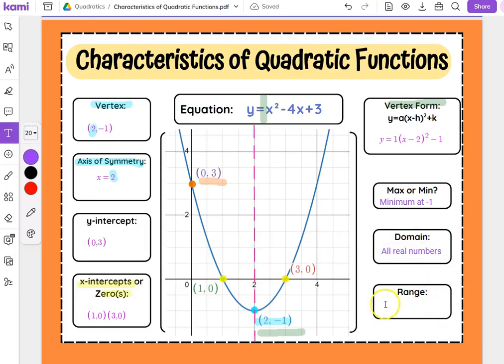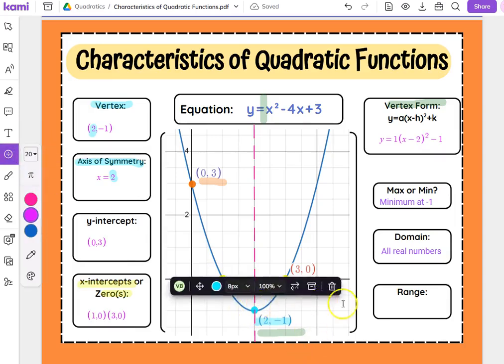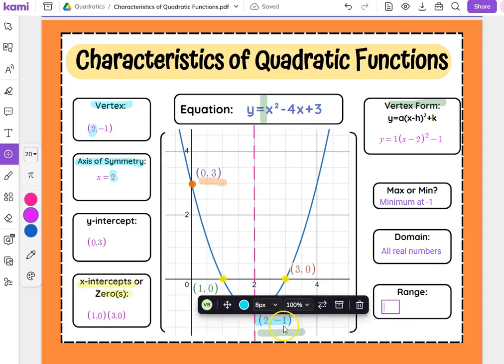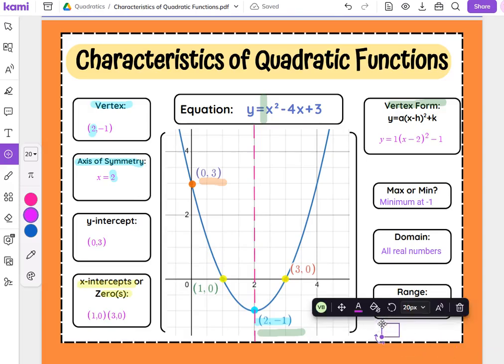And then our range is going to be from the lowest the graph goes to the highest the graph goes. In this case, our graph is everything from -1 all the way up. So we can write either y is greater than or equal to -1, or you can write the interval notation where we have -1 to infinity.